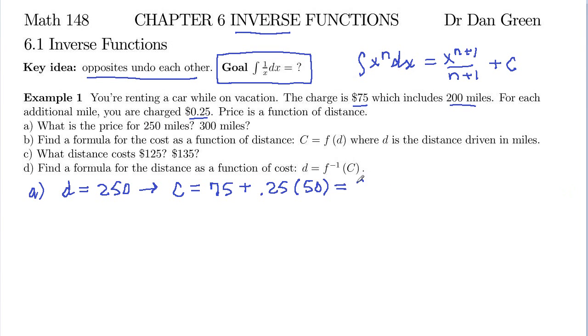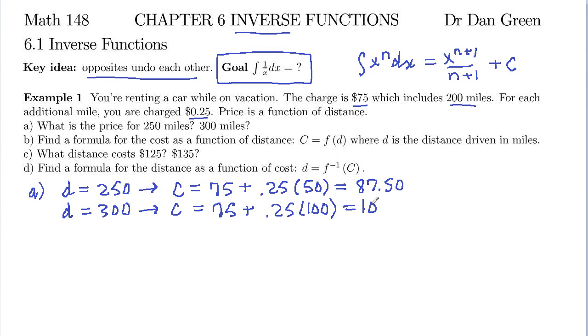If you plug that in the calculator, you'll get $87.50. Now, if our distance is 300 miles, then our cost will be the $75 flat fee, and then 25 cents a mile, and then we've got 100 additional miles. So that's 300 minus 200. Plug that in the calculator, you'll get $100.